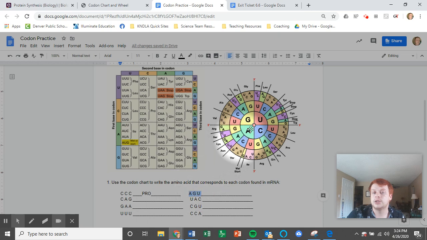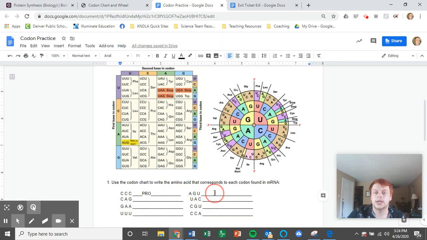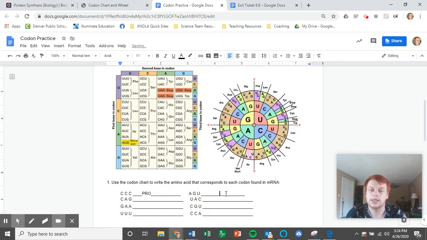Then I'm going to move to G from there. So I go from A over to G. And then I know my last base is a U, so I end up in this purple box, and it tells me that SER right here is the one that's produced. So we'll go ahead and type that in our box right here, so we know SER is what's produced.